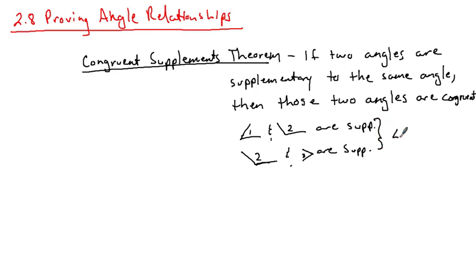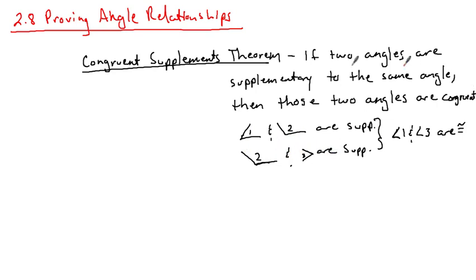Then angle 1 and angle 3 are congruent. And that is a bad picture, and this isn't how you really write this, but I want you to have a little visual of it before we do this little proof.